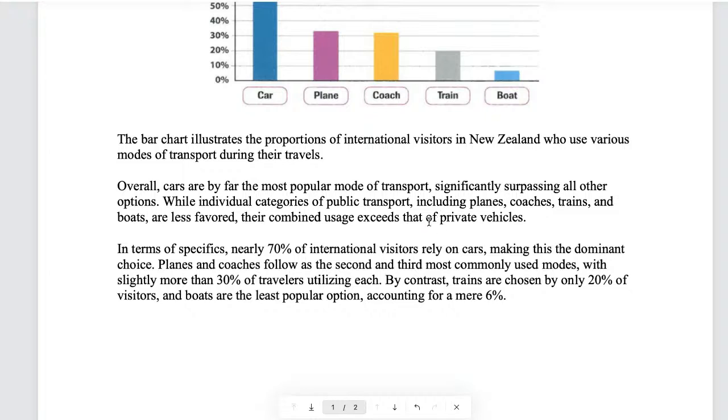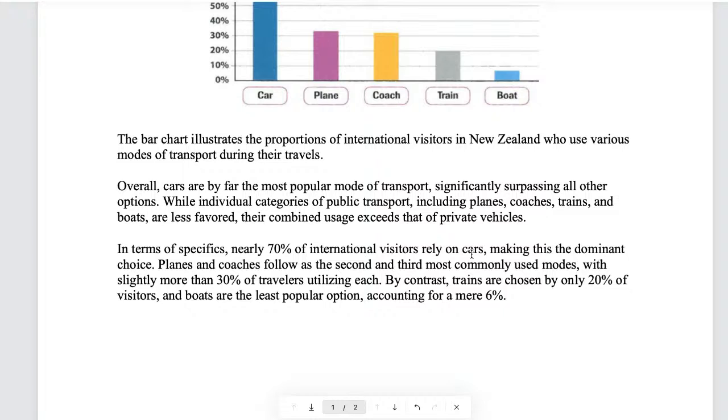Now, why individual categories of public transport? Comma, guys, comma, phải, including planes, including planes. Do you know how to write including? You must know, yeah?